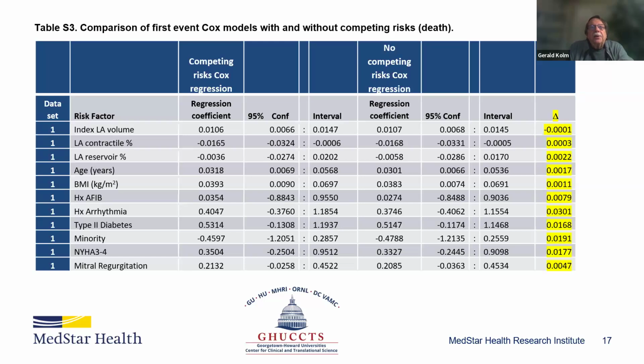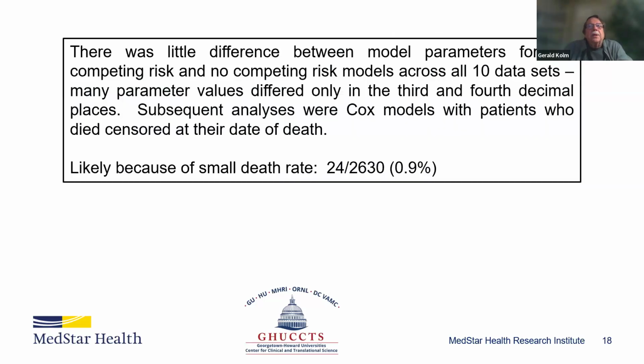And as you can see, the difference in coefficients is very small. There's no difference that's even 0.1 or greater. And so our conclusion was in this case that there was little difference across all 10 data sets, because we did multiple imputation of missing values.